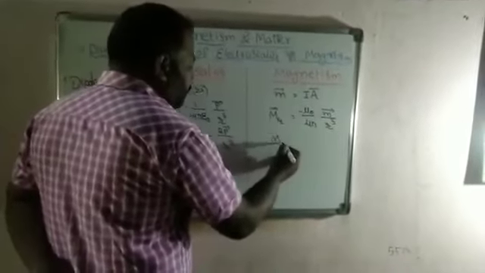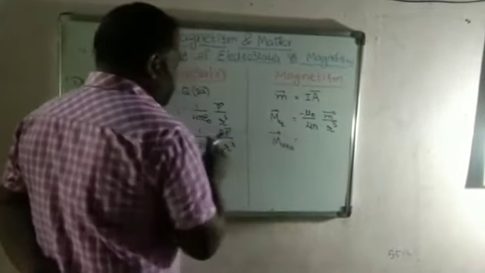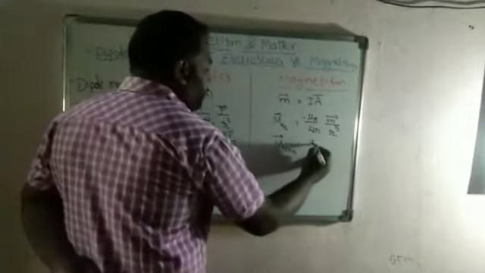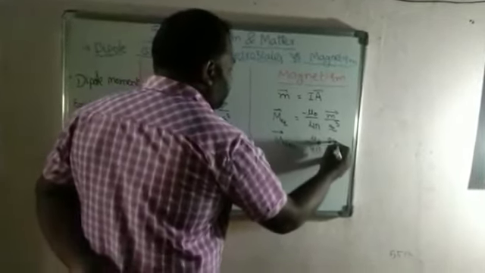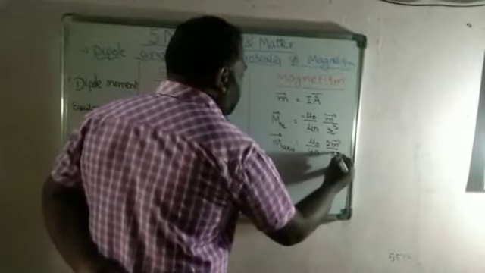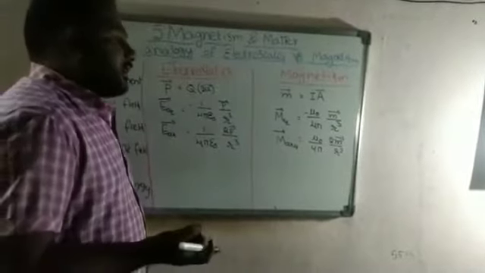Here the magnetic field along the axial line is mu naught by 4 pi into 2 m bar by R cube. Here this is the bar magnet axial line magnetic field.